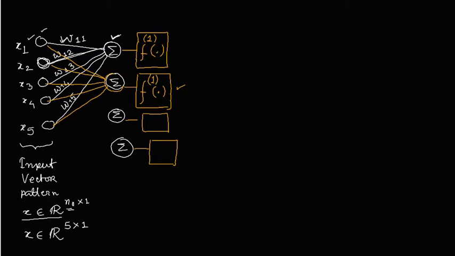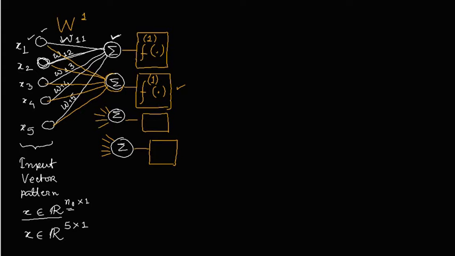The weights corresponding to all these neurons again receive 5 inputs coming from these 5 inputs. So all these weights which we have here will form a matrix.